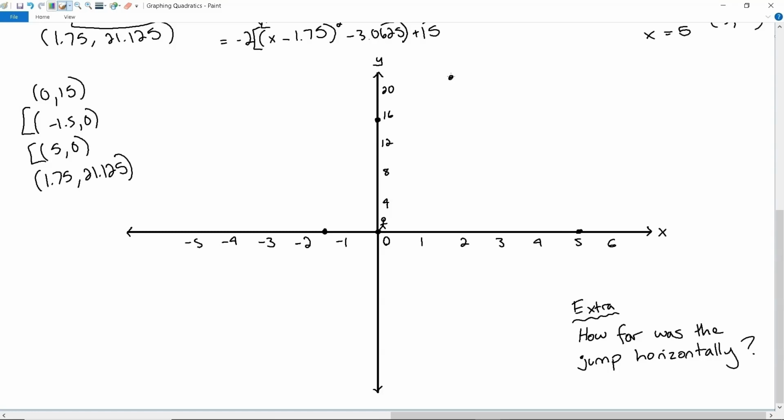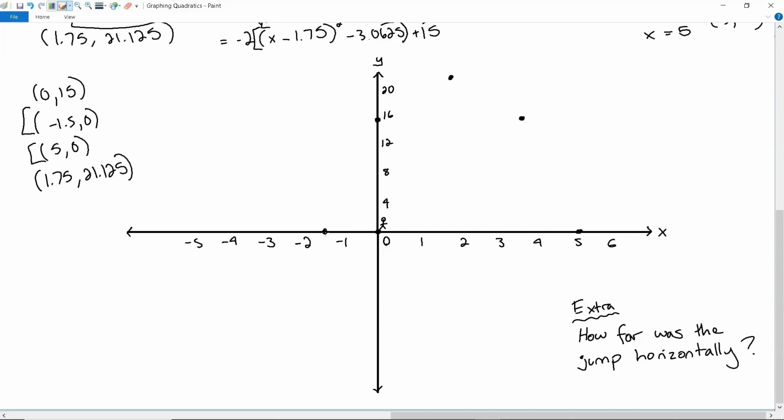And that was 1.75 x units away from the vertex. So 1.75 away from here will give me 3.5, and then that will also be a 16 for y.